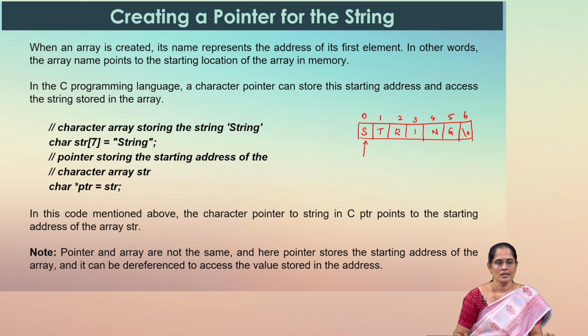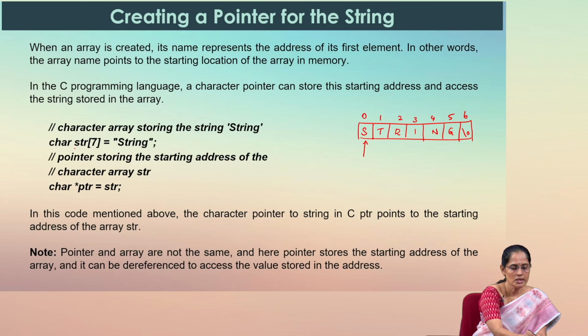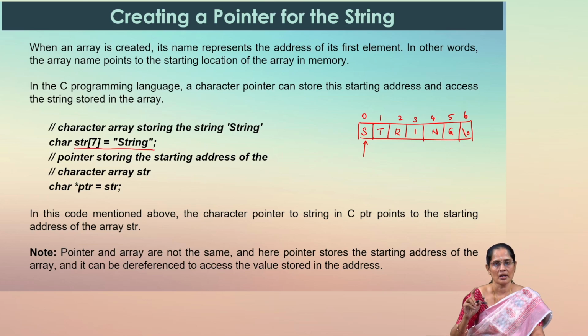So, always when we are defining a character type pointer and we make the character array to be the value, or the address, pointed to by the particular pointer, then it always points to the first location of the array. So, we will see an example. Here str has 7 locations and it has the value string.